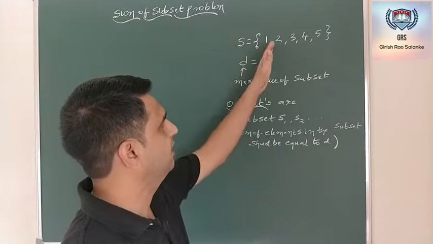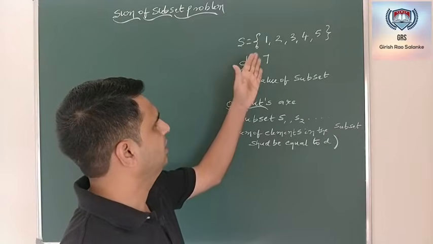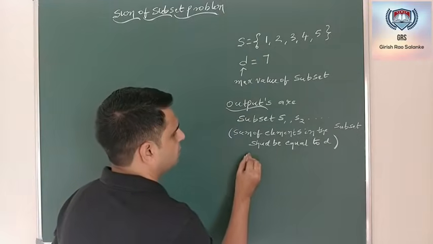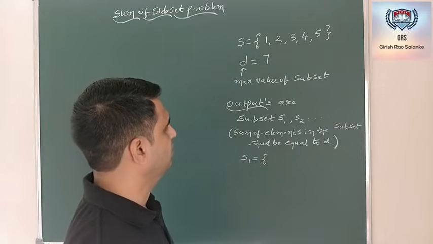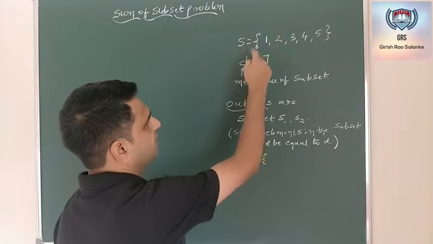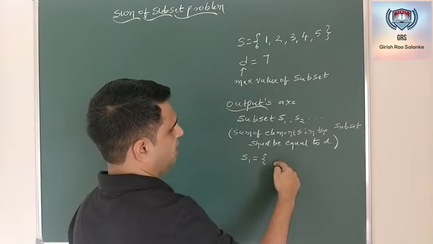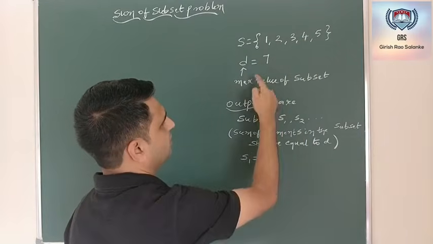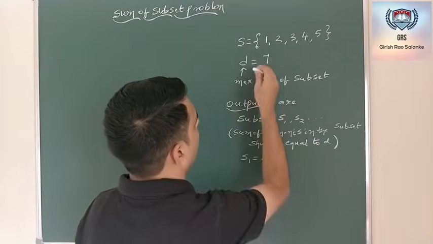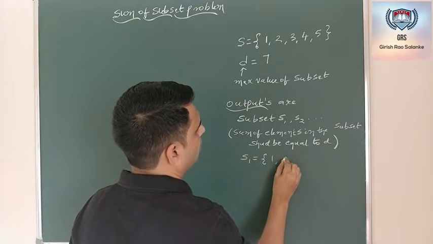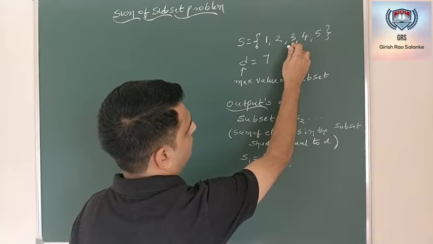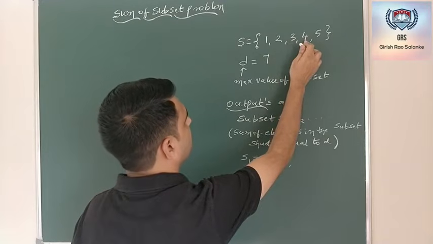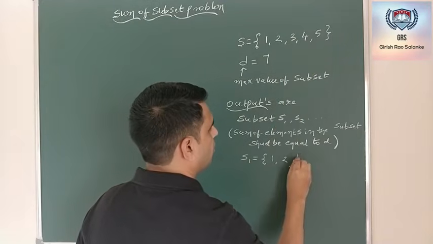Now in this example, let me assume that my first subset is denoted with S1. I want some values of S to be in S1 so that their sum is equal to D. One value I can think of is 1, 2, 3, 3 plus 3, 6. Next is 4, 1, 2, 4.